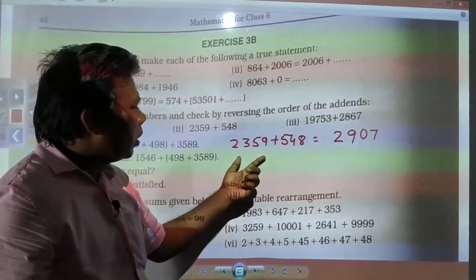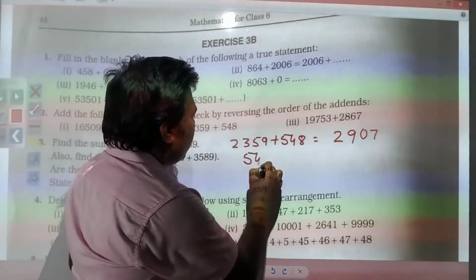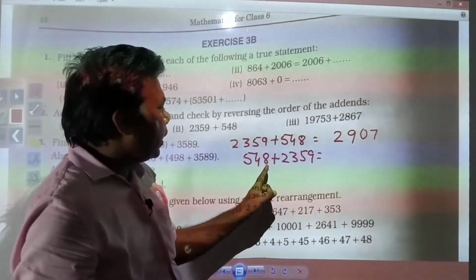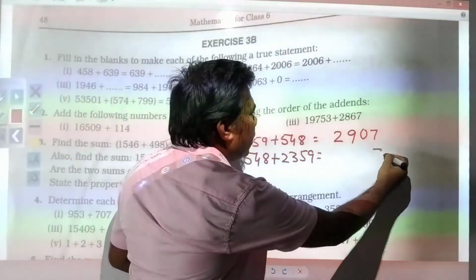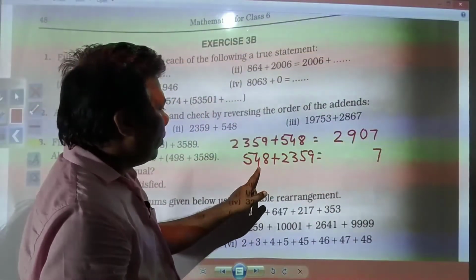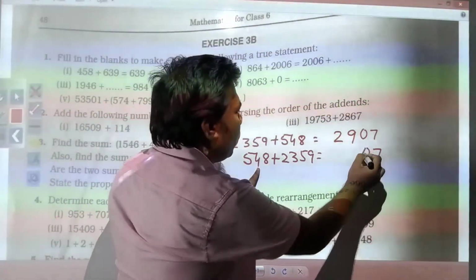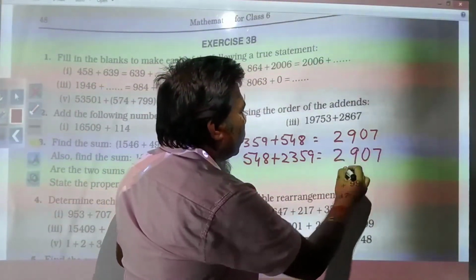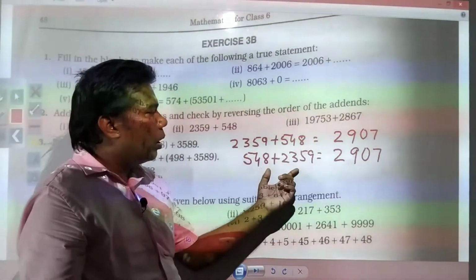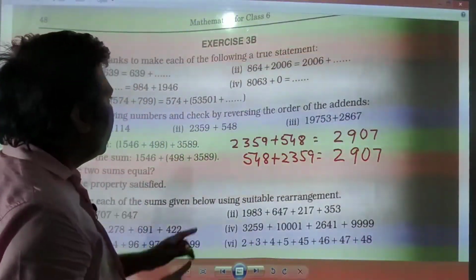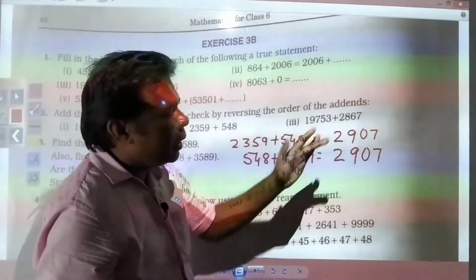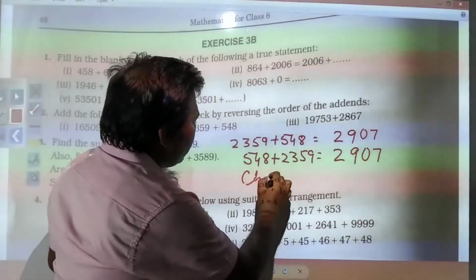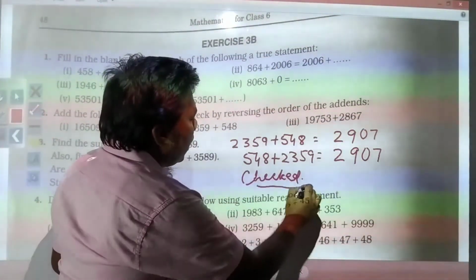Now reverse the order. 548 plus 2359. What will you get? 8 and 9 again 17, 1 you will have, 5 and 4 is 9, 9 and 1 is 10, 1 again you have, 3 and 5 is 8 and 1 is 9, and 2. So even if you reverse the order, the same sum you are getting. Next you see, in the same way this is required to be done. I hope you will be able to do it. In the same way you will do, and at last you write checked, and this is your answer.